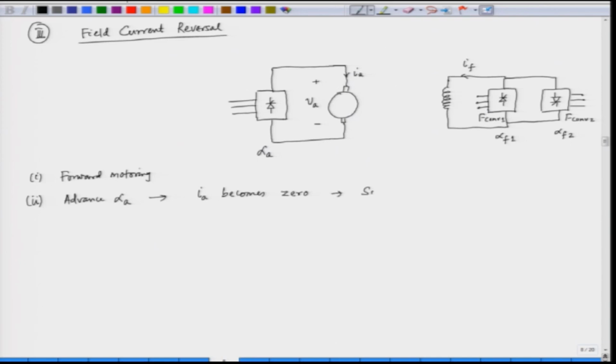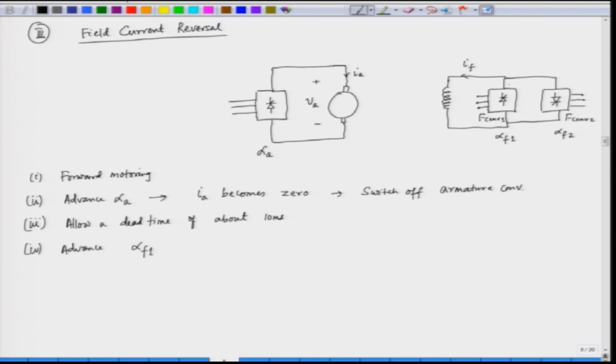So, switch off the armature converter, and then allow a dead time of about 10 millisecond, and then what we do here, we advance alpha f1.